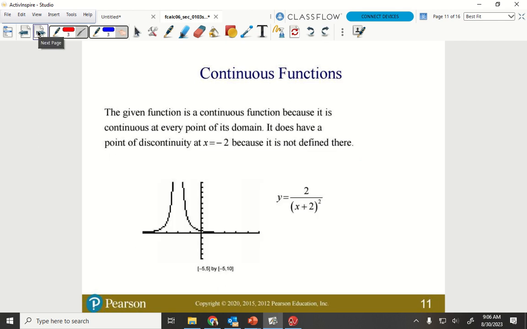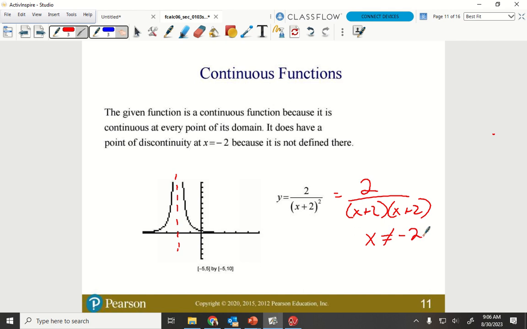All right. Continuous function, given continuous function because it is continuous at every point in its domain. It does have a point of discontinuity at x equals -2 because it's not defined there. We're looking at this one here. This is going to be my vertical asymptote because I'm going to rewrite this as 2 over (x plus 2) times (x plus 2), and x cannot equal -2 because that would make it undefined.